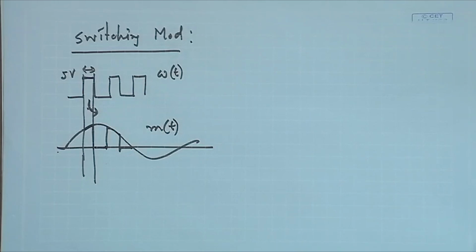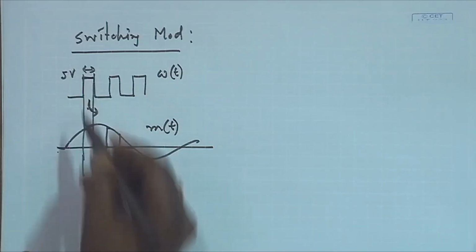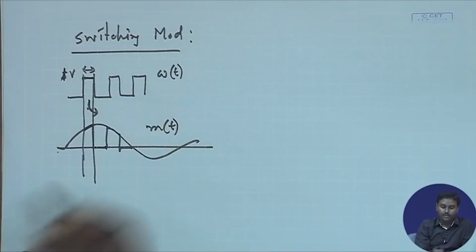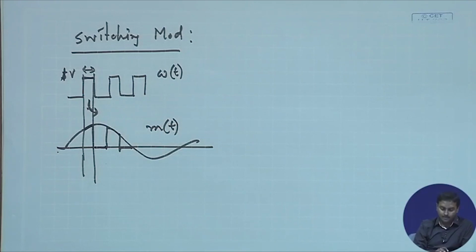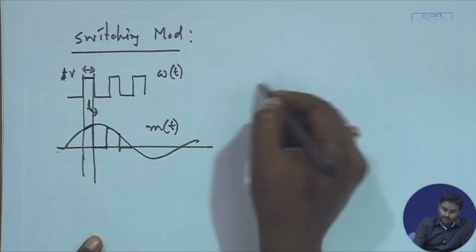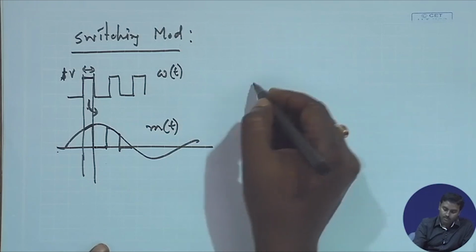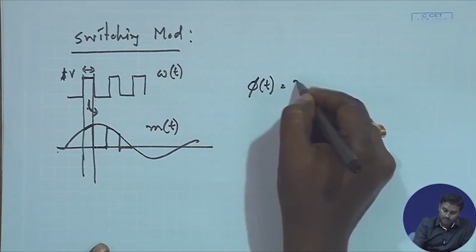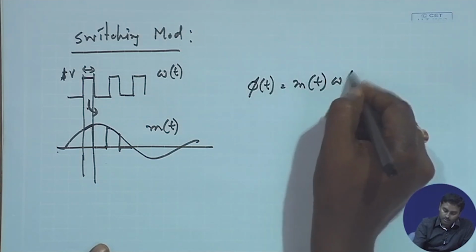Whether it is modulated or not I do not know, it is a switched signal. That output is just the multiplication of these two, so I get my output phi(t) as m(t) into w(t).